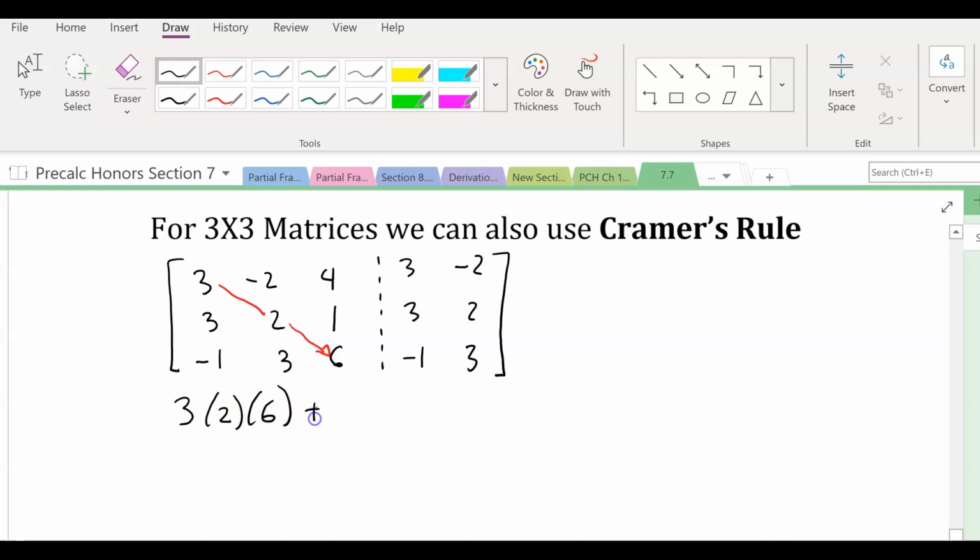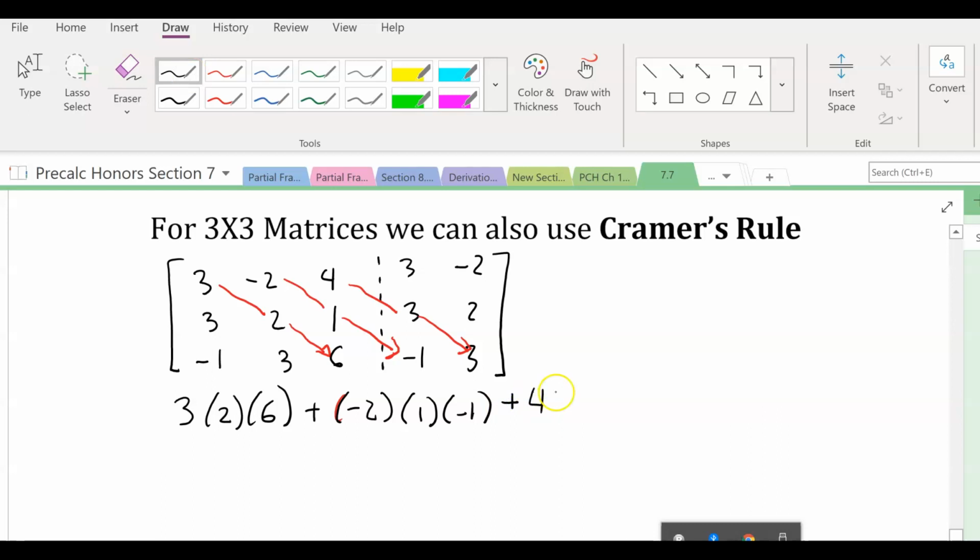And then I'm going to add to that the product of these 3 values: -2 times 1 times -1, and then add to that the product of these 3 values: plus 4 times 3 times 3.